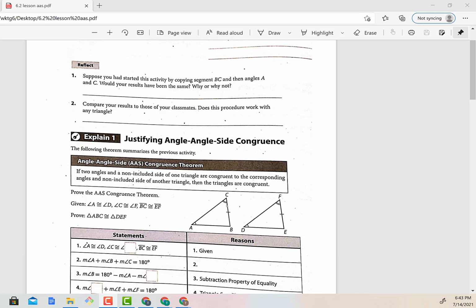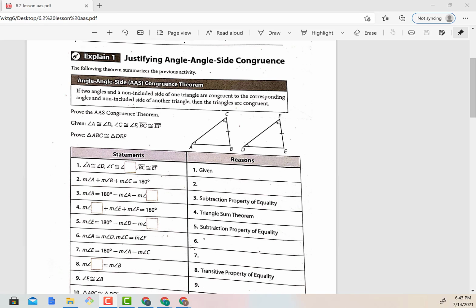Now that right there is exactly what angle side looks like in this problem. But ultimately, they're wanting to show in this problem that we can prove these two triangles are congruent by angle side angle, even though we've already talked about that.